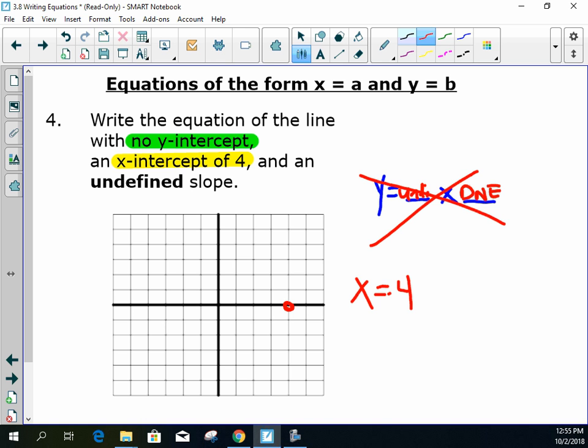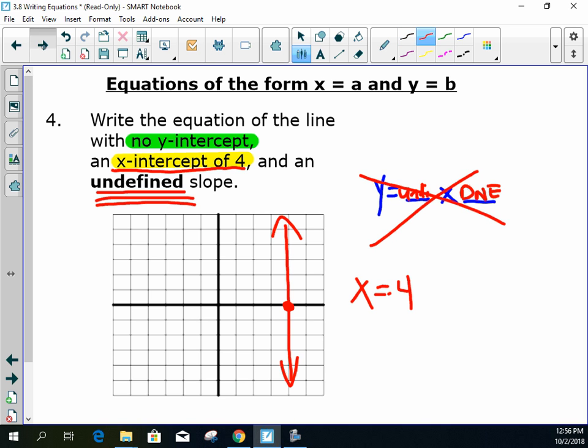I go to 4 on the x-intercept, and I draw a vertical line. See, this is never going to touch the y-axis. And your slope is not 0. So when you see no y-intercept, or undefined slope, that's your big clue. X equals. That's x equals.